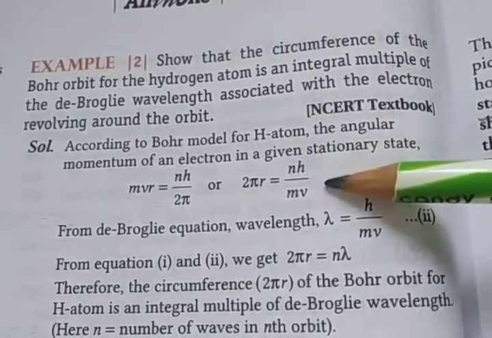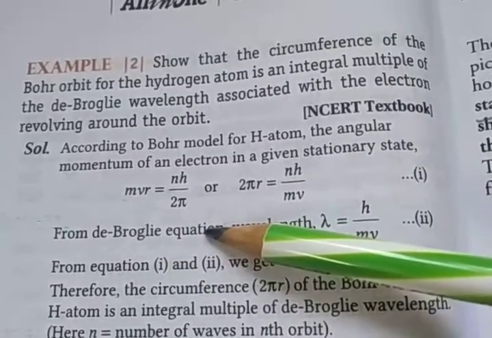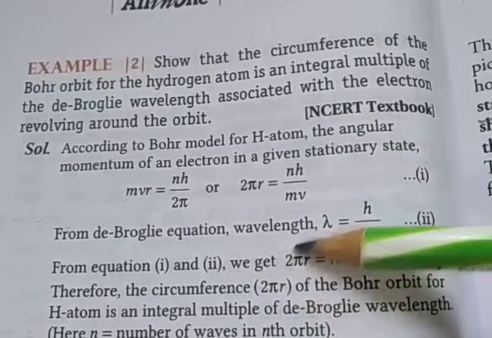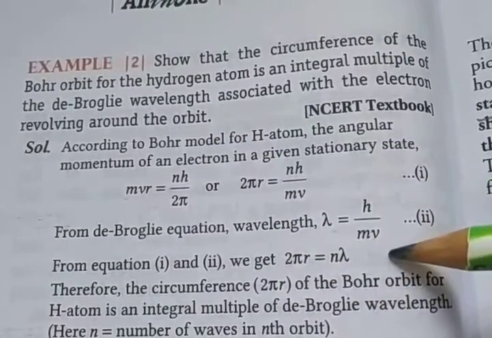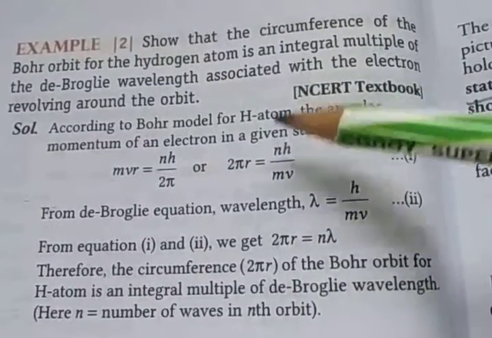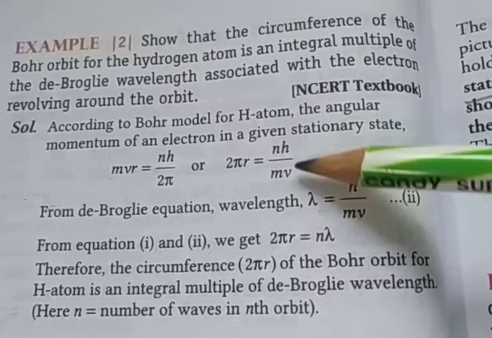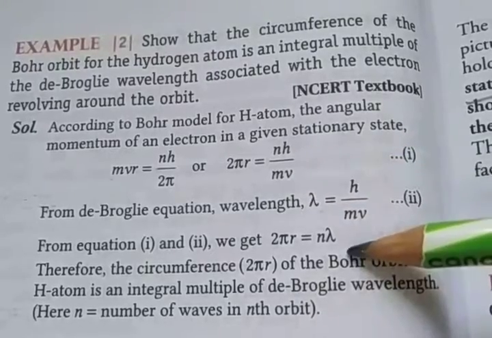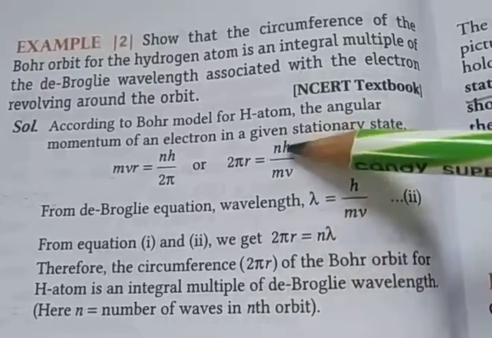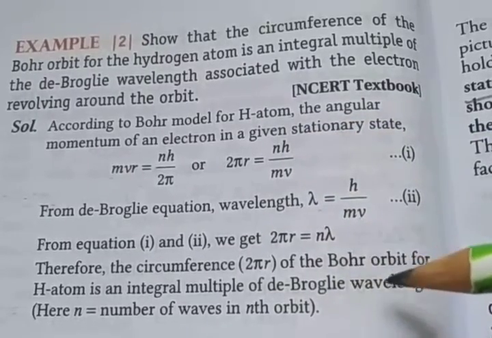2π goes to the left hand side, so 2πr = nh/mv. And from the de Broglie equation, the wavelength is λ = h/mv. So equation number one, equation number two. So we get nh/mv, with h/mv canceling, so we get 2πr = nλ. Clear?